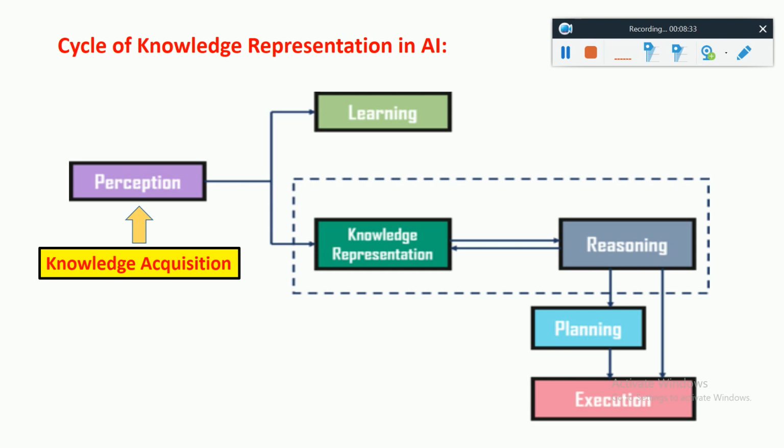And execution is when the planning gets finished, the final stage is to execute the entire process. So this is all about the process cycle of knowledge representation in AI.